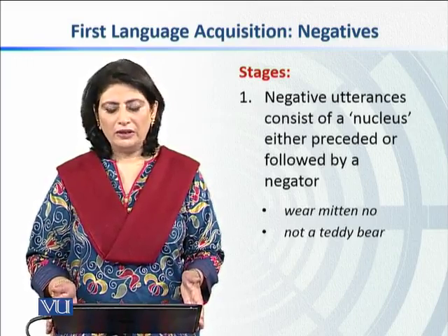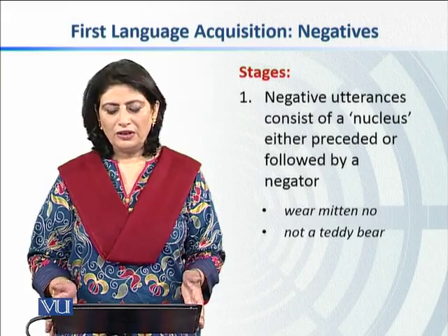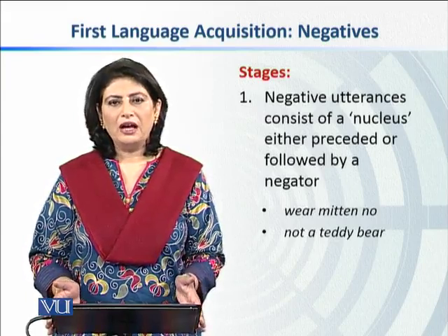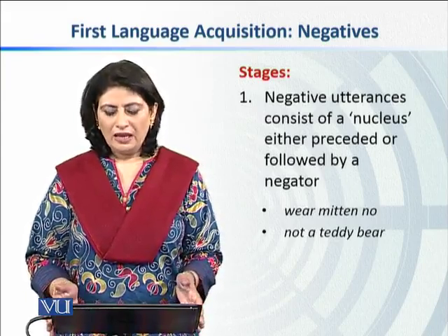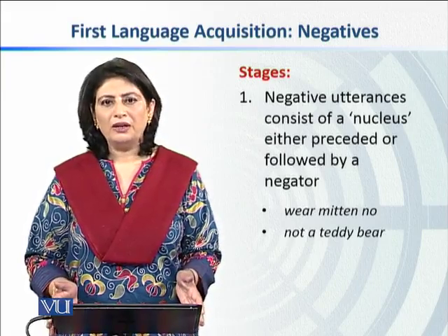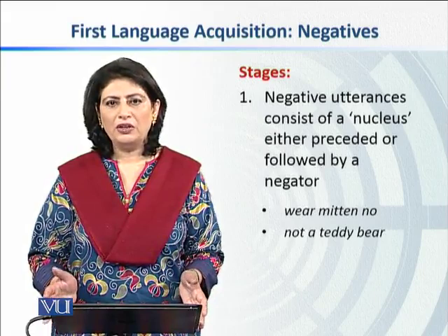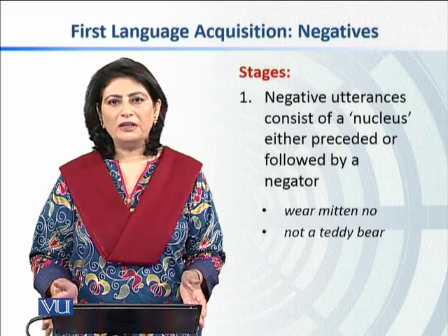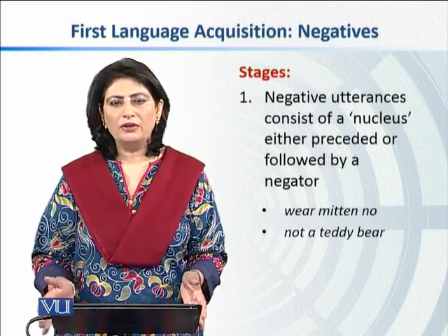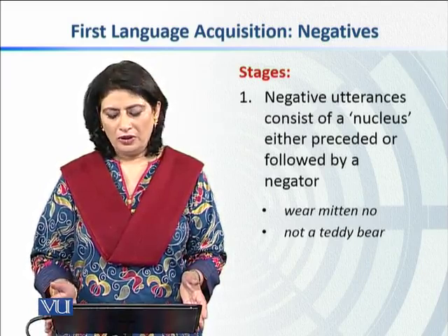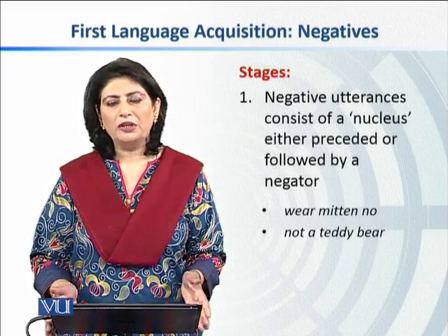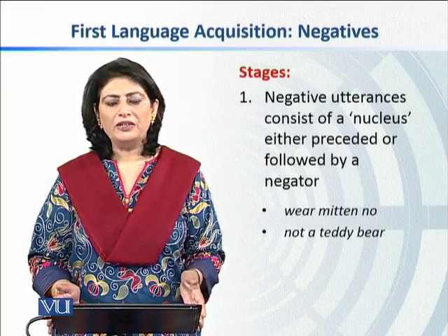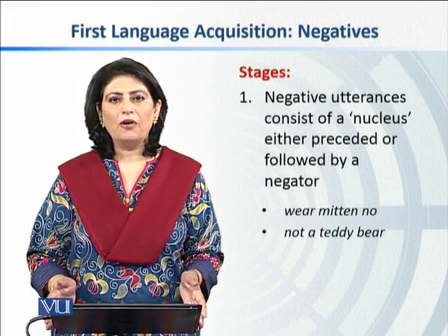First of all, in the first stage, if we imagine a nucleus like the main phrase, the negative marker will either precede that nucleus or come after it. For instance, wear mitten, no. Want water, no. Not a teddy bear. So the negative marker will not be inside the utterance, but either before it or after it.